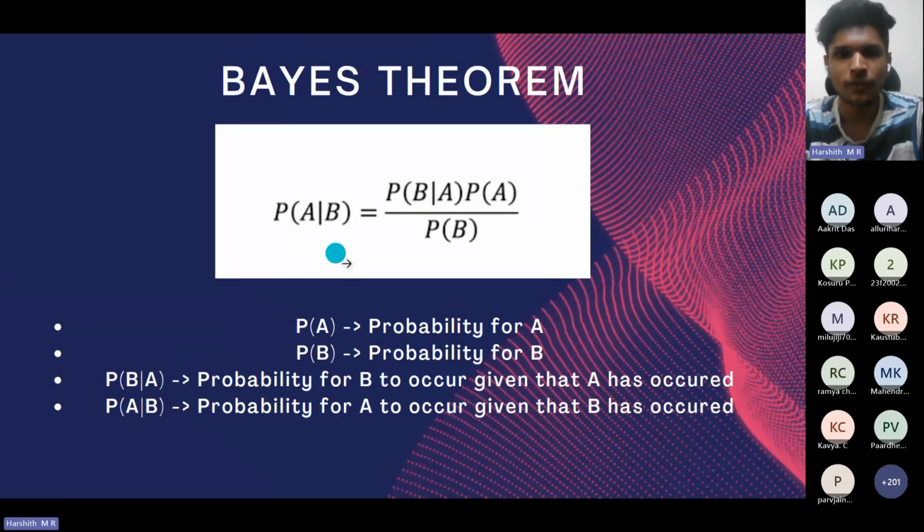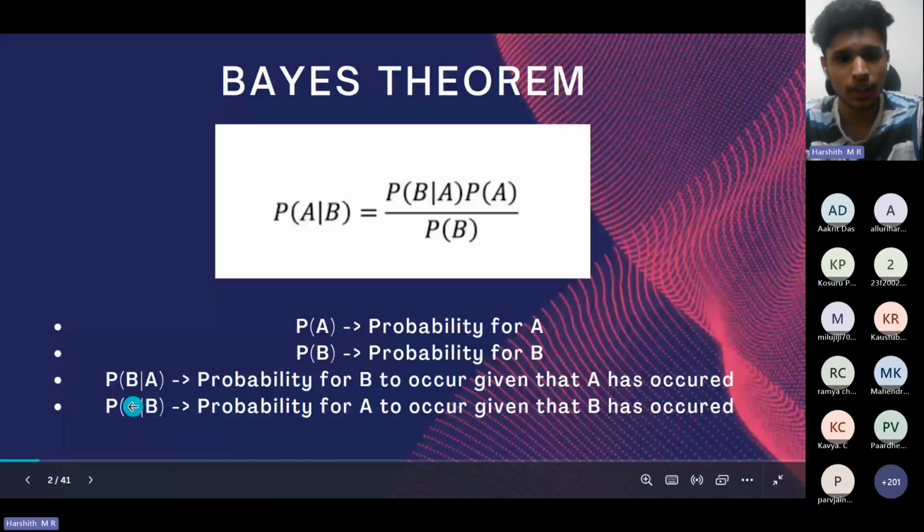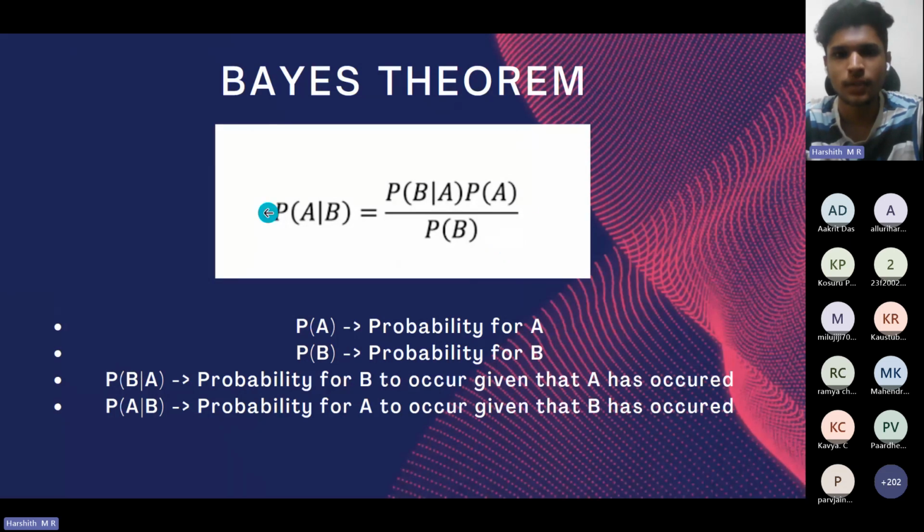P of A here is the probability for A, P of B is the probability for B, P of B such that A has occurred is represented using this notation. Similarly, probability of A such that B has occurred is represented using this notation. So this expression over here is Bayes theorem. You'll use it for doing classification.